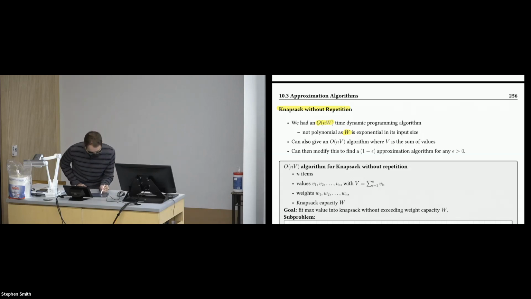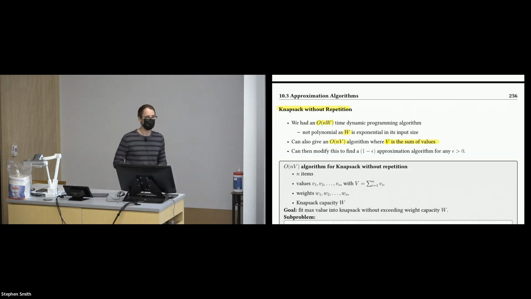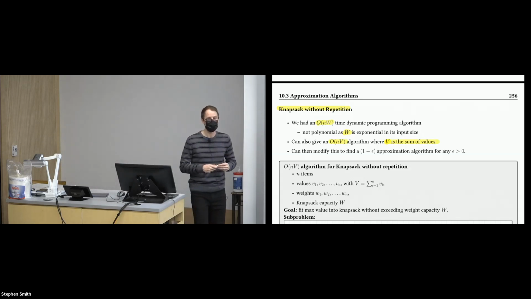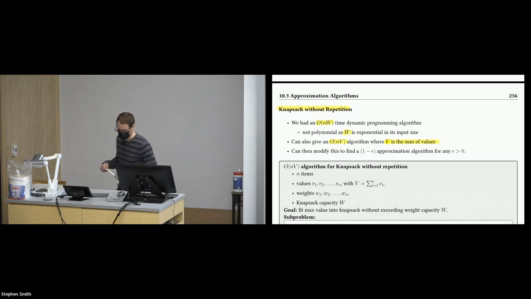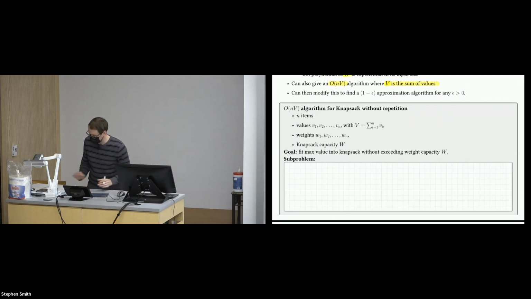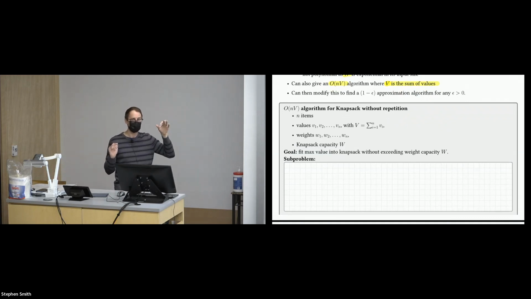I'm going to give you one that runs in big O of nV time instead of big O of nW time, where V is the sum of the values in the input instance. It'll just be more useful for coming up with the approximation algorithm. And then I'm going to modify it to create my approximation algorithm. So let's quickly go through the big O of nV dynamic programming method.